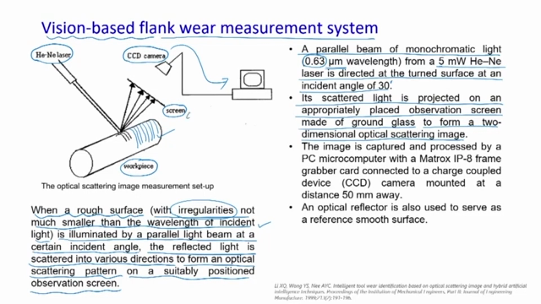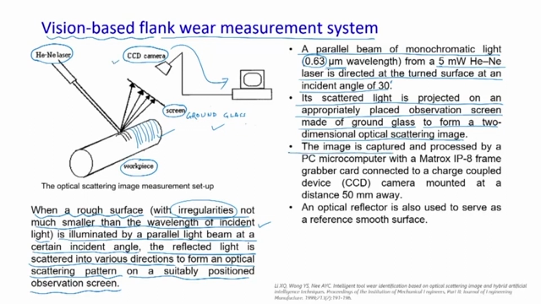This is the ground glass. Whatever the scattering from the surface is taken on a ground glass screen, and then we are using a CCD camera.